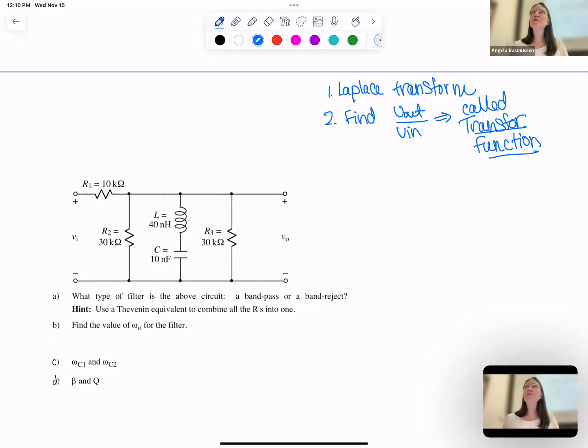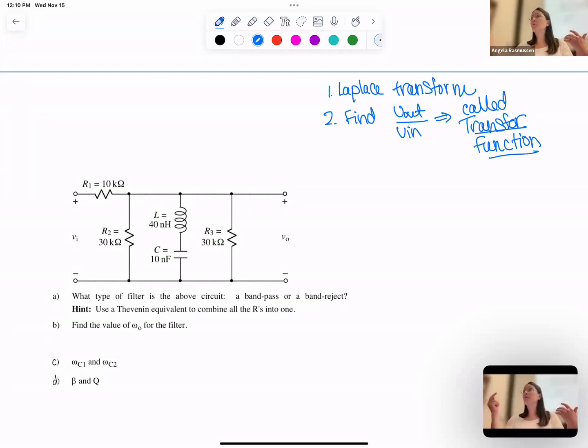The transfer function gives us an expression of our output for whatever input I put in. Say your output over your input is 10. That means if I have an input of 1, I solve for V out in that equation, V out over 1 equals 10, so my V out will equal 10.